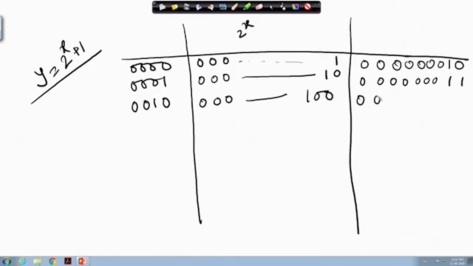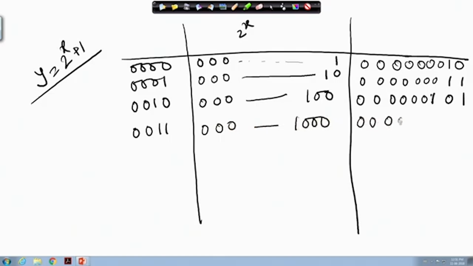So, now it will be 5. Okay. Then again for 3 it is 8, but here it will be 9.